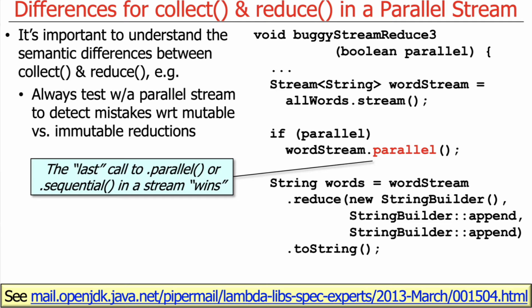But if we were to somehow later, before we hit the end, say word stream dot sequential, which is also perfectly legal, that would turn off parallel processing. It doesn't work by saying make this piece of the pipeline parallel and this piece sequential. Whichever one occurs last is the one that wins, because nothing happens until the terminal operation is reached. That's the most important thing to remember.